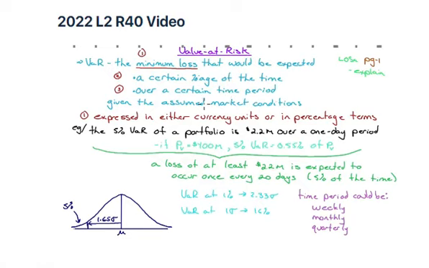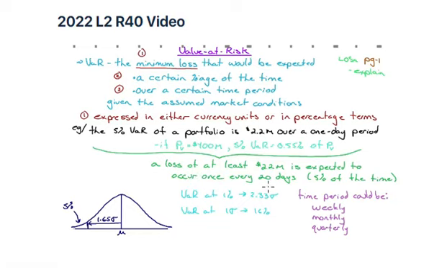Let's have a look at an example, and we'll see all three of these conditions in play here. The 5% VaR of a portfolio is 2.2 million over a one-day period. What does this mean? It means that there is a 5% probability that in a given day we would experience a minimum loss of $2.2 million. Stated another way, a loss of at least 2.2 million is expected to occur once every 20 days.